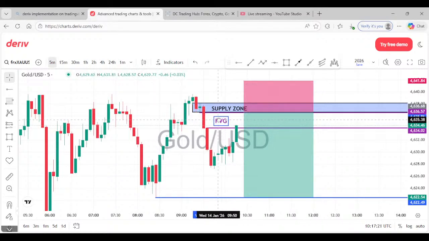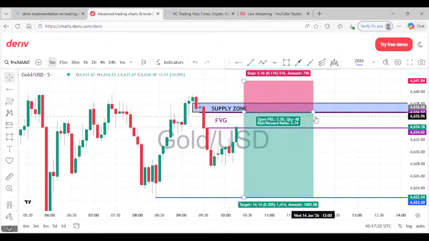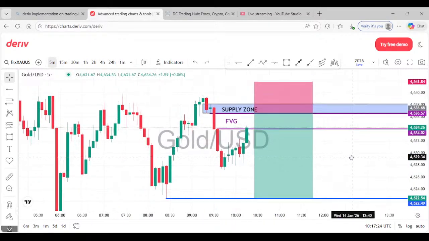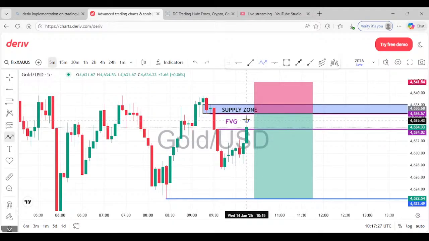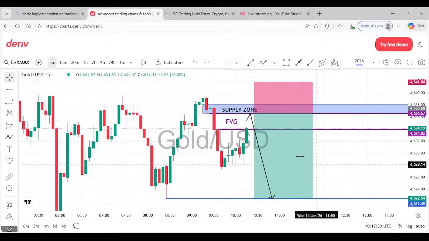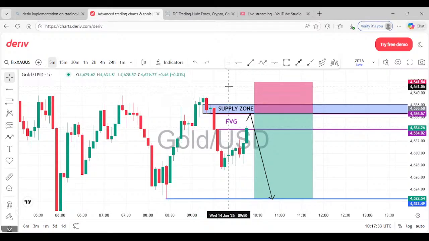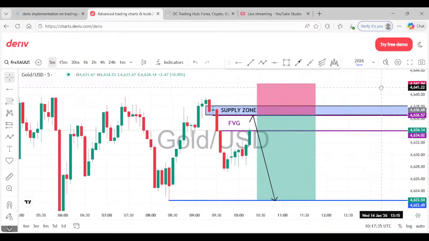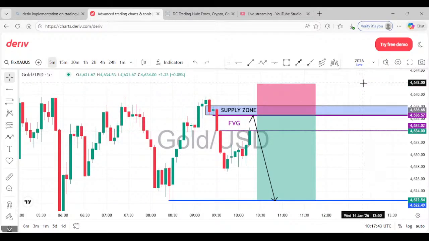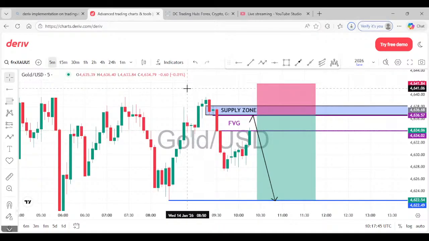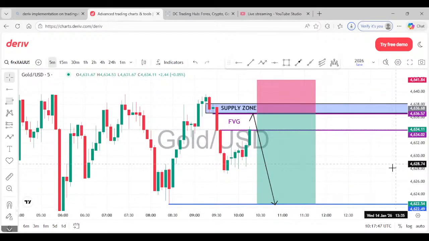Then a fair value gap. Let's see how gold is going to react to these particular levels here.